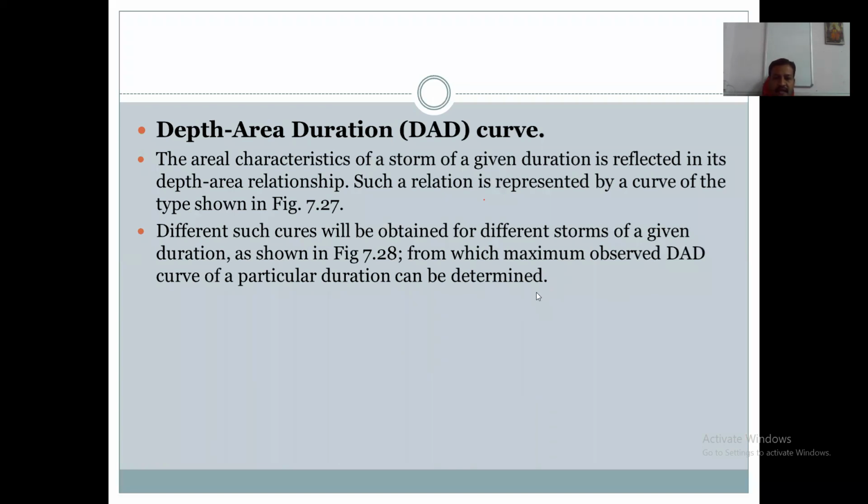So these curves are very important to analyze the precipitation data. From this curve, you can understand the intensity of rainfall, frequency of rainfall, the depth of rainfall, and duration of rainfall. Another curve is the depth area duration curve, commonly known as the DAD curve.